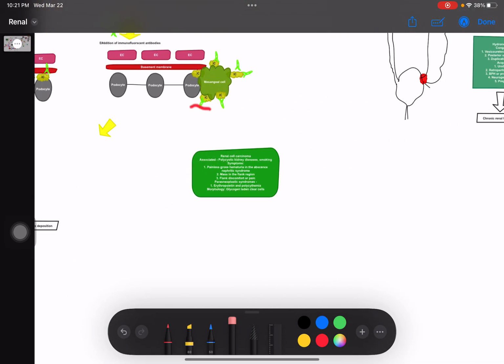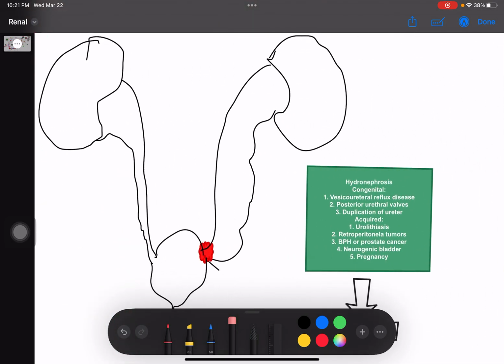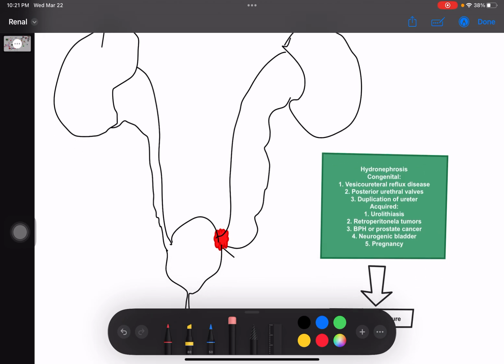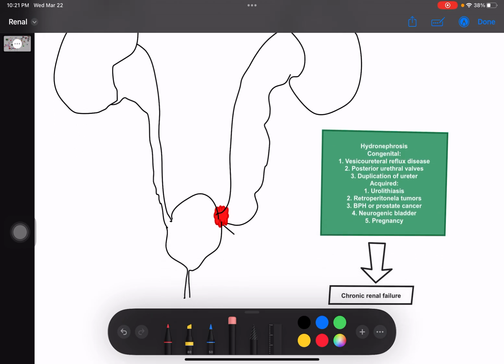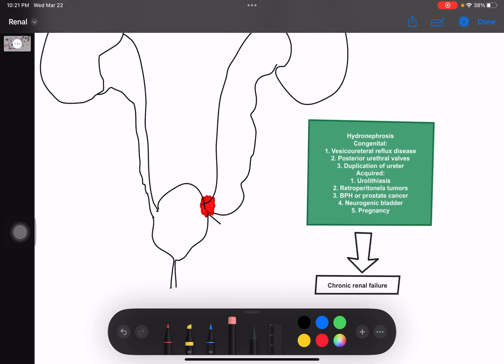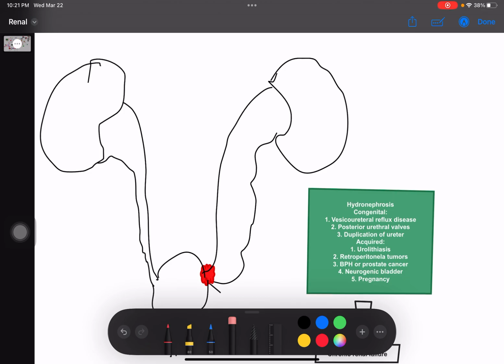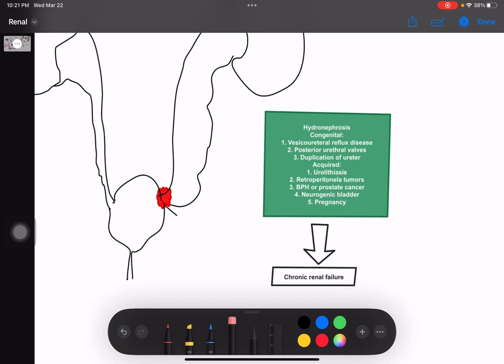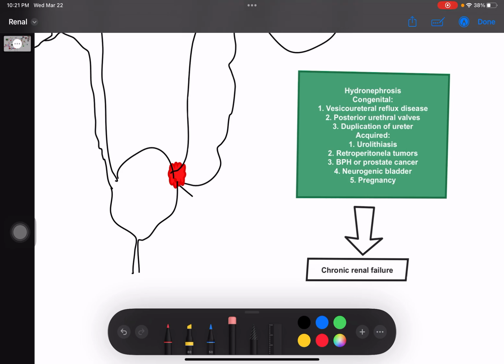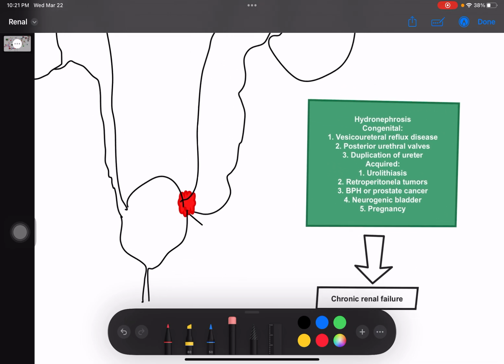Okay. Now let's go to the hydronephrosis. Hydronephrosis is when there's any kind of obstruction that causes the buildup of urine in the ureter and the kidneys. Either it can be unilateral or bilateral. So the most common causes, congenital ones, are vesicoureteral reflux disease, when ureters are not connected properly to the bladder.